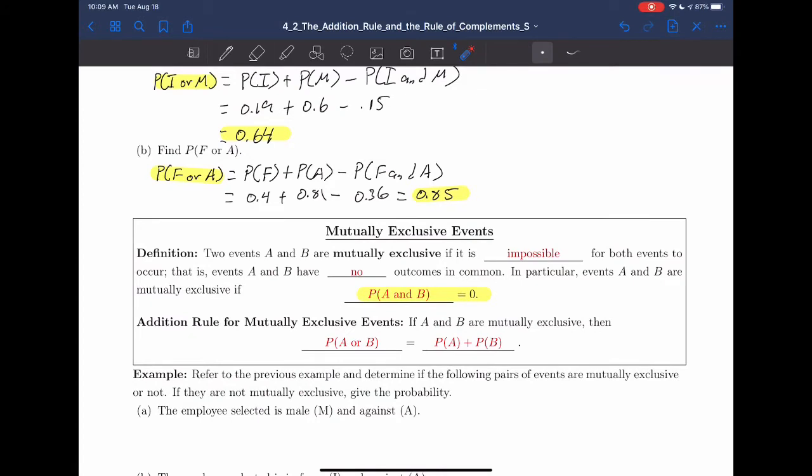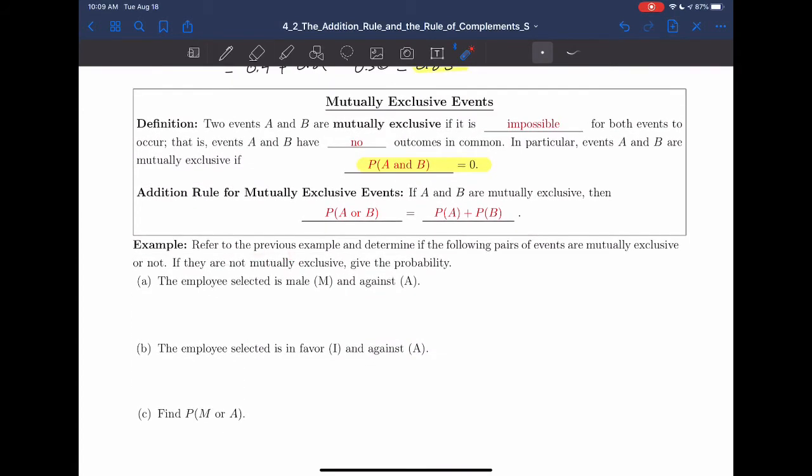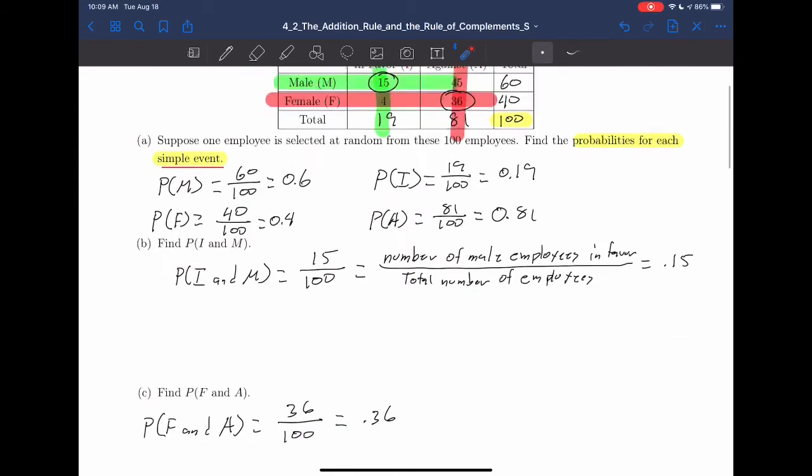Let's do some examples with mutually exclusive, and let's consider the table that we've been working on. We want to know whether these two events are mutually exclusive: selecting a male and someone who is against the policy. One way to figure this out is to compute the probability of M and A. If this is 0, that means M and A are mutually exclusive events.